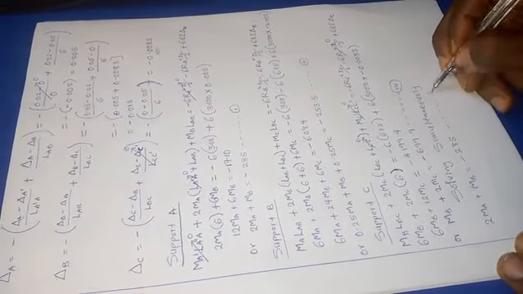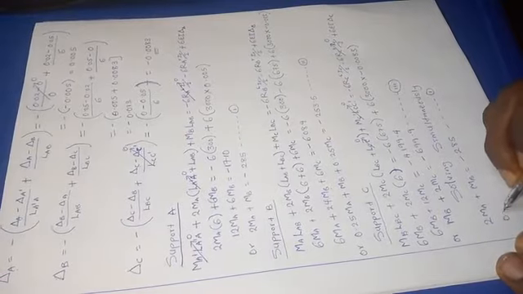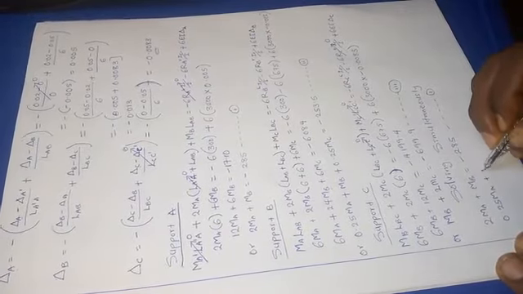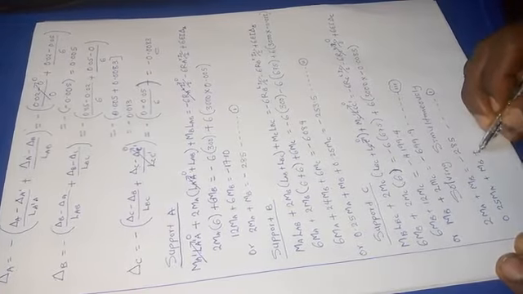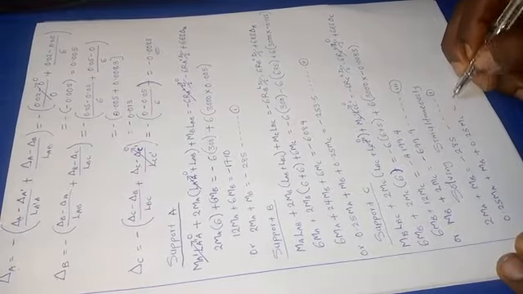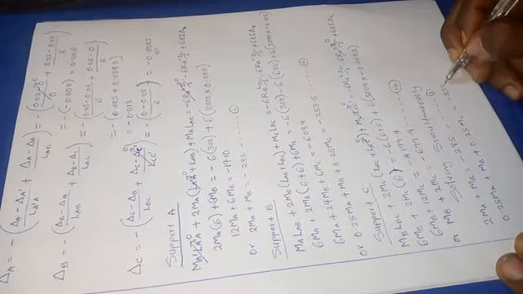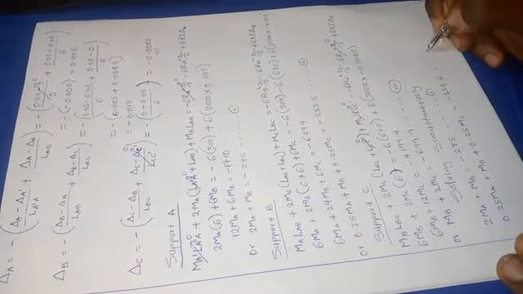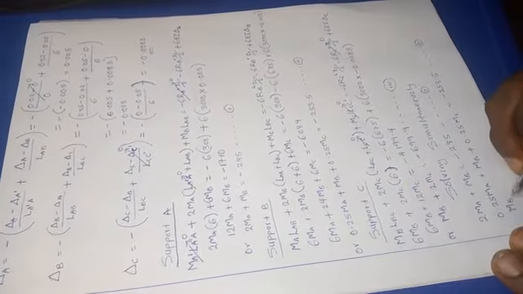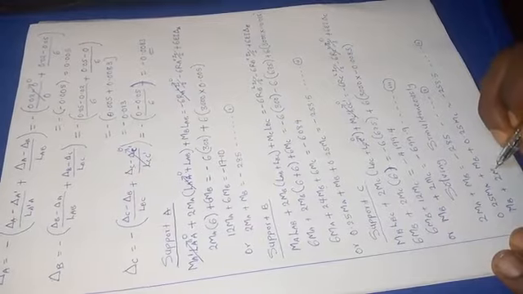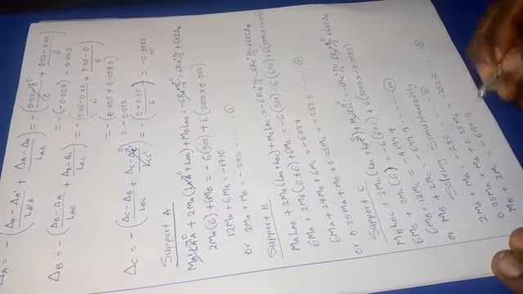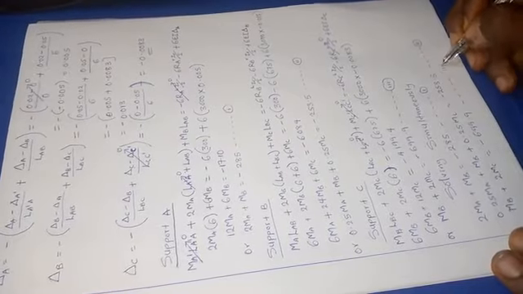This is my equation 1. The next one is 0.25 moments at A plus moments at B plus 0.25 moments at C equal to minus 253.5. This is my equation 2. Then equation 3 was moment at B plus 2 moments at C equal to minus 699.9. And this is my equation 3.